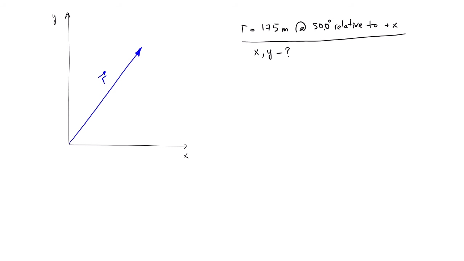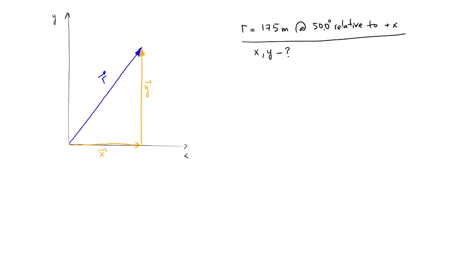For better understanding, let's picture the situation. We have the x and y component vectors. This is my y component, and here's my x component of the vector r.